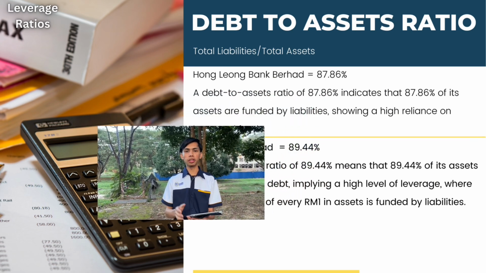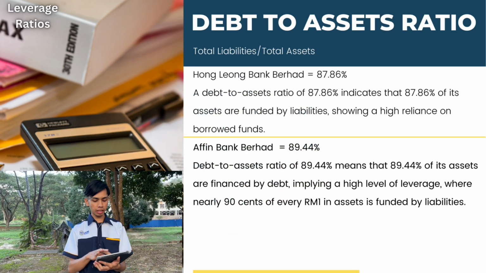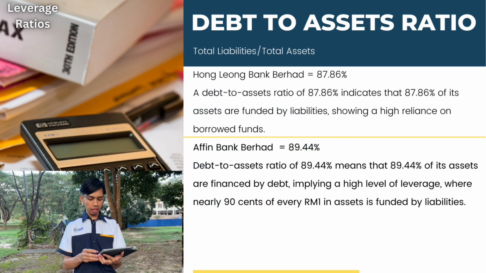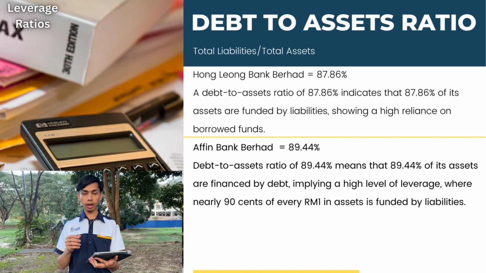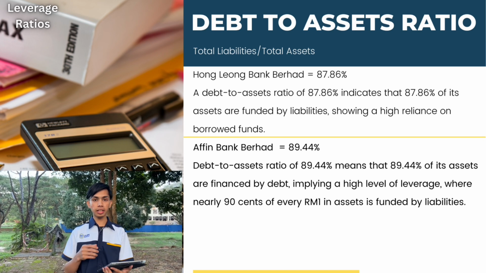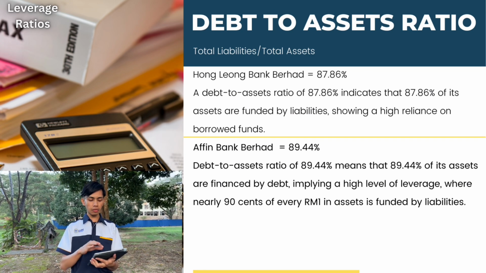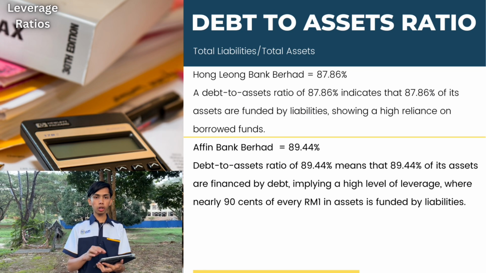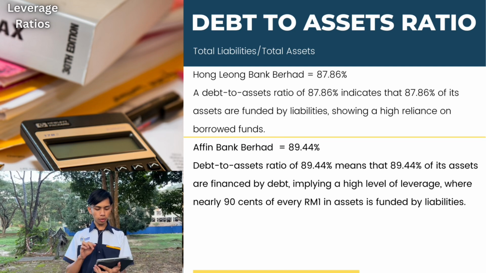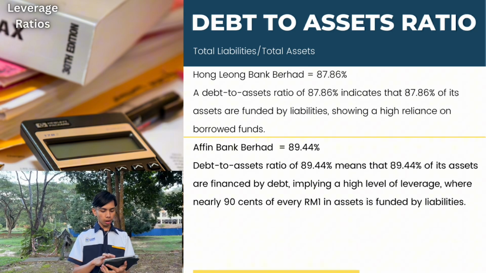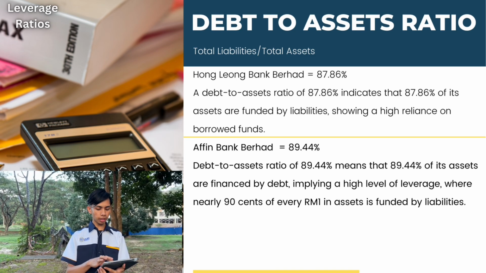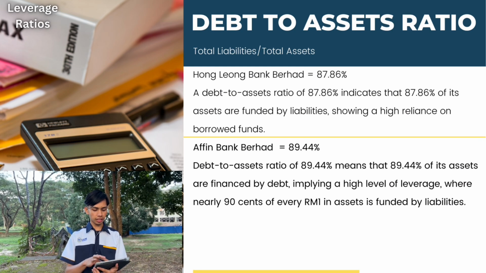So we dive to the last ratio, which is leverage ratio. What is debt to asset ratio? It is how much a company's assets are financed by its debts. The formula is simple: total liability divided by total assets. For Hong Leong Bank, it has 87.89% debt to asset ratio, and Affin Bank has 89.44%.